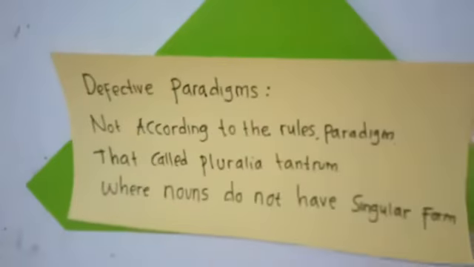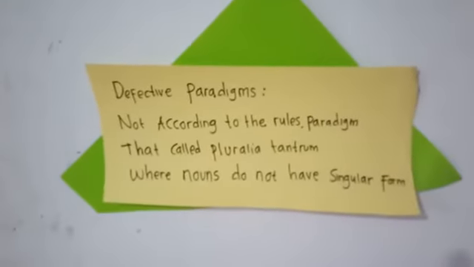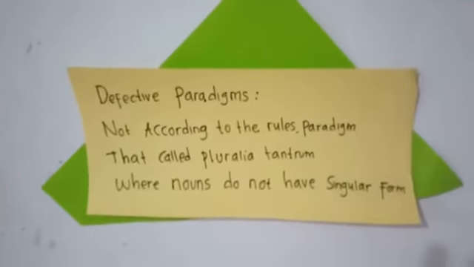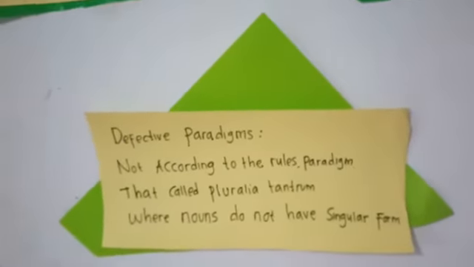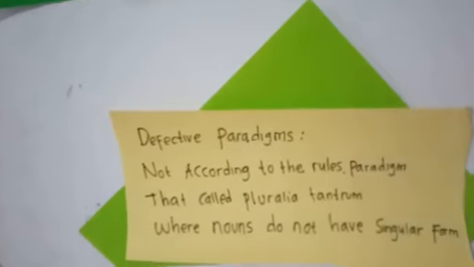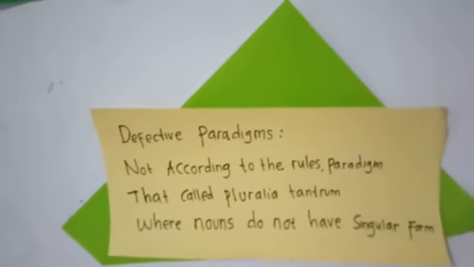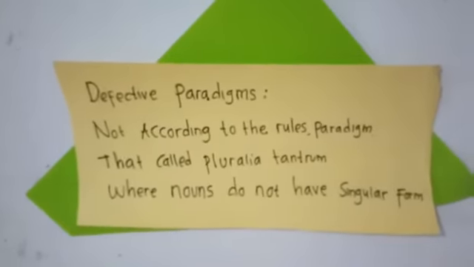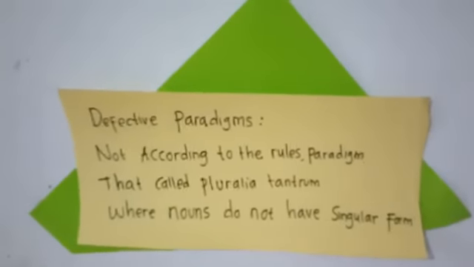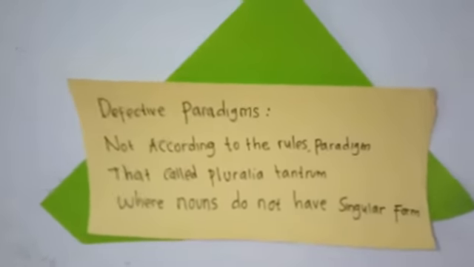So what does that mean? I have already made my own definition. The fractive paradigm is not according to the regular paradigm, that is called pluralia tantum. So what is called pluralia tantum? It is where nouns do not have a singular form. It only has the plural form, but there is no singular form.